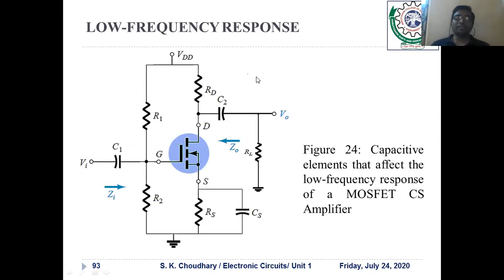As per the topic low frequency response, the component responsible for this is the coupling capacitor. So in the slide you can easily see this is the coupling capacitor C1, C2 and bypass capacitor. These three are responsible for the lower cutoff frequency of the MOSFET based common source amplifier.